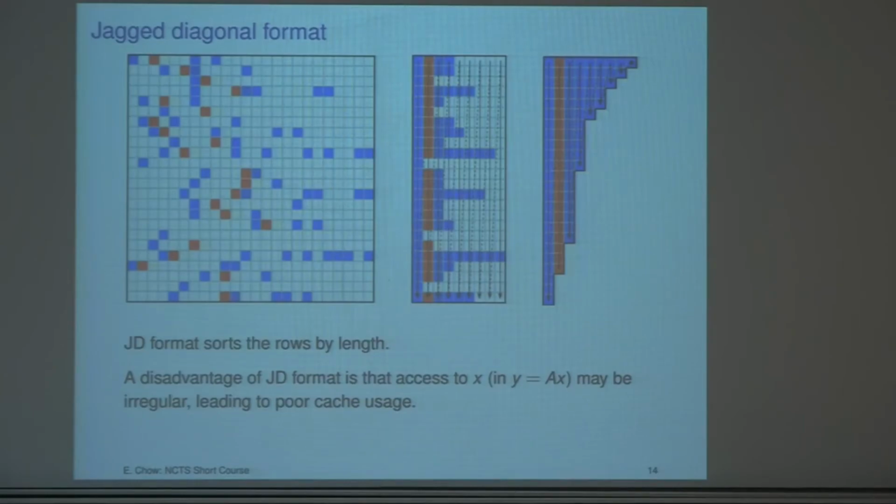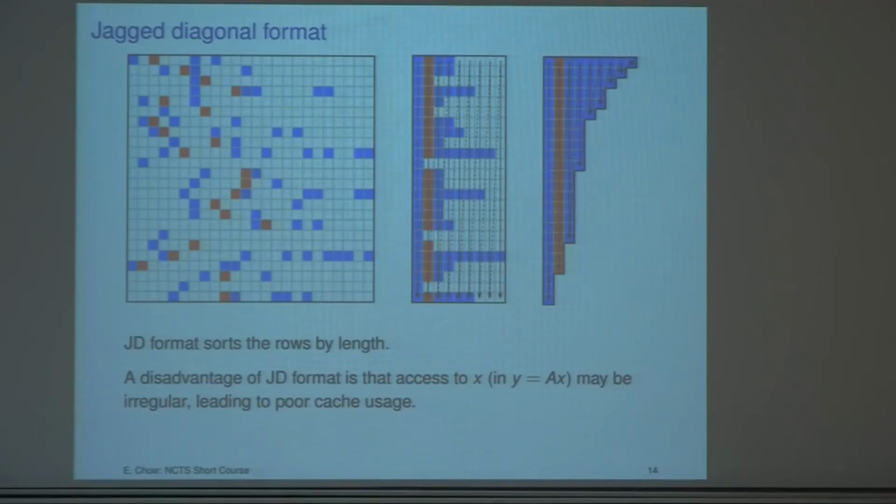It's another reordering. And now we're also going to store the number of non-zeros in each of these columns. And if we do that, then we don't have to store all these extra zeros. There is a disadvantage of this jagged diagonal format, and that is because you change the order of computation, you're going to change the order of accesses into the x vector.